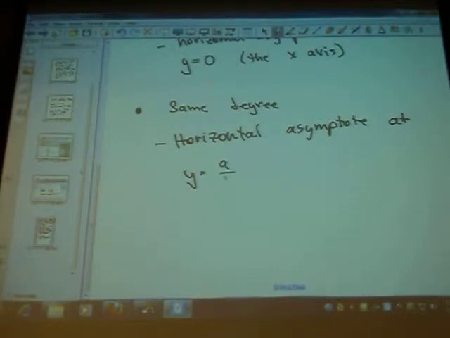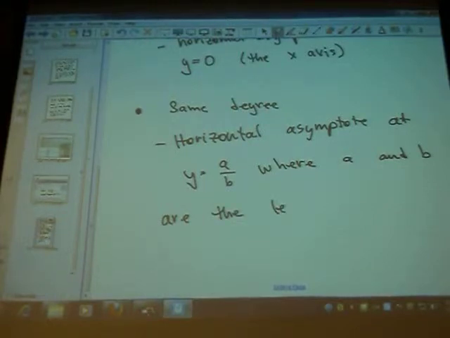I usually just call it A over B. You have y equals A over B, where A and B are the leading coefficients in the numerator and the denominator. So in this case, it would be a 2 over 2 in our problem we've been working?